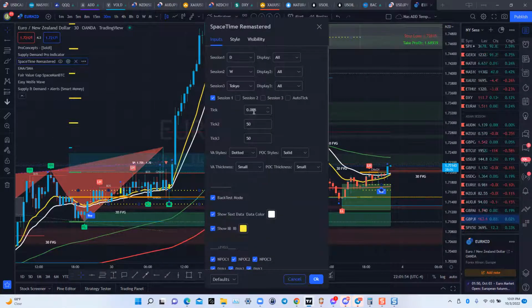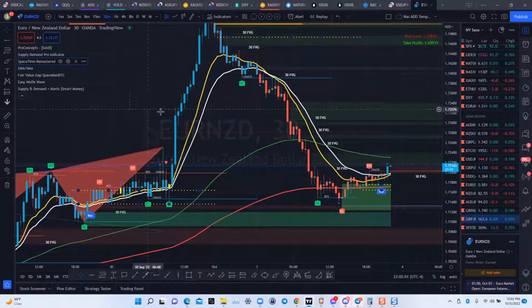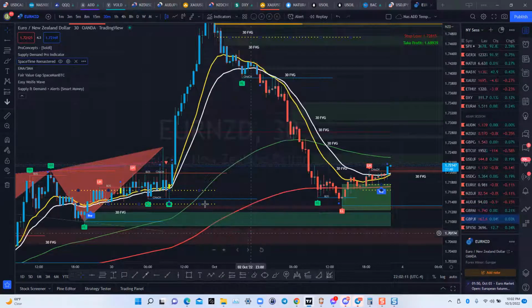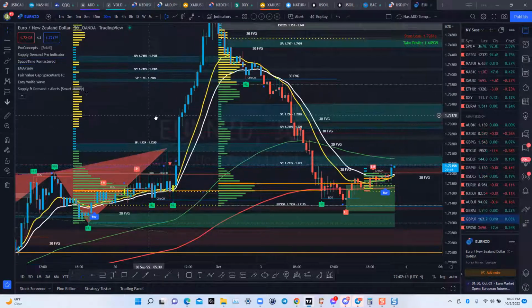Sometimes you got to play around with these settings to see what you can get. And then see your little lines here. So you're waiting for maybe, because each pair is different. So sometimes you have to put multiple zeros on there to see what you got. So you got to play around with them. Once you find a setting that you like, see, down's a little bit better, see?